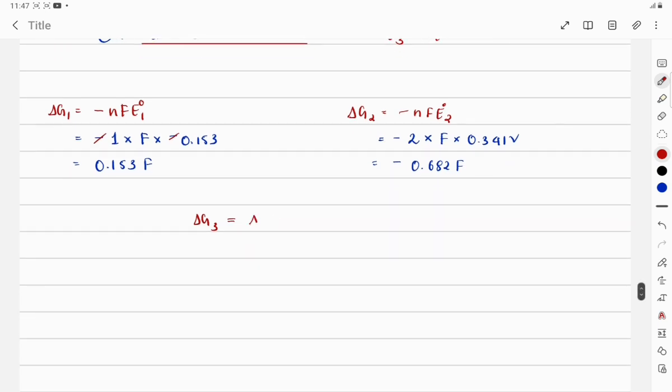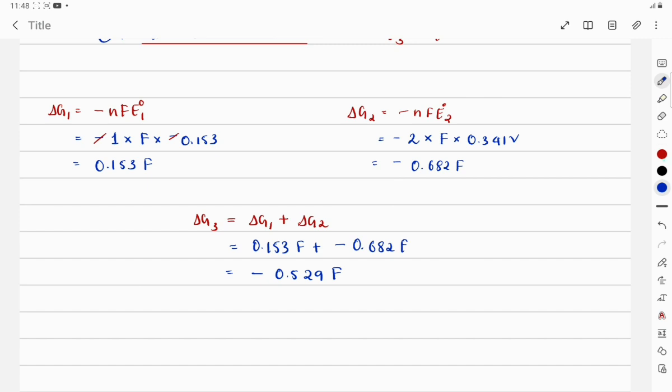So delta G3 is delta G1 plus delta G2. If I add them, I'll have 0.153 Faraday plus minus 0.682 Faraday. The answer I get will be minus 0.529 Faraday.